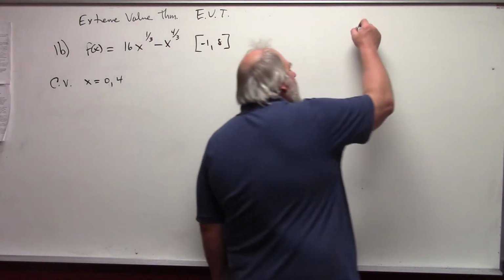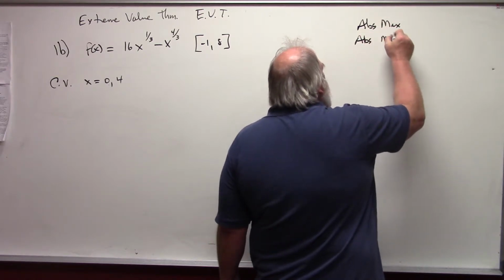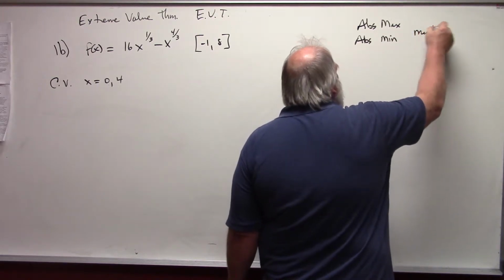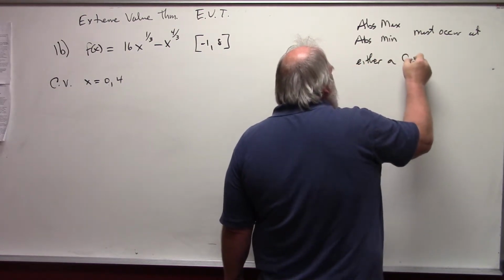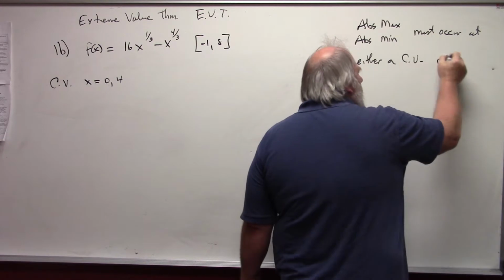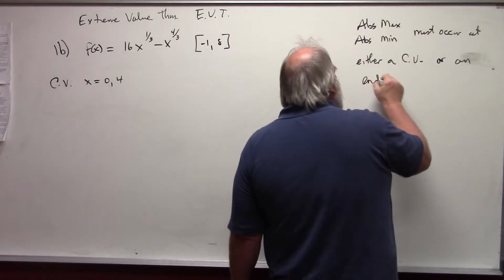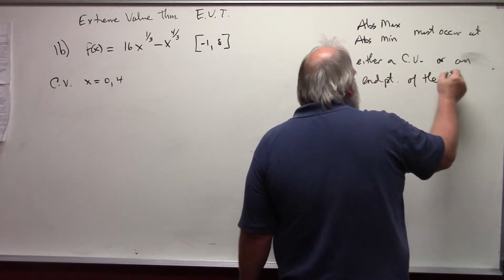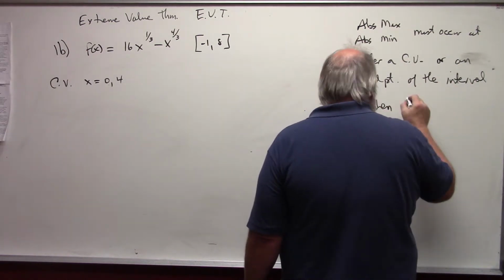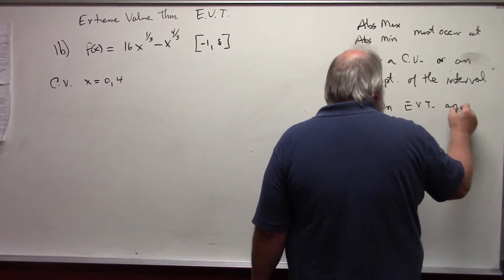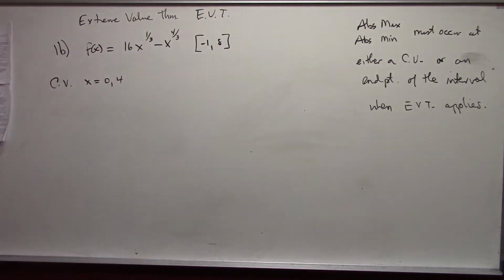The absolute max and absolute min must occur at either a critical value or an endpoint of the interval when EVT applies. Whenever EVT applies, this is the situation.